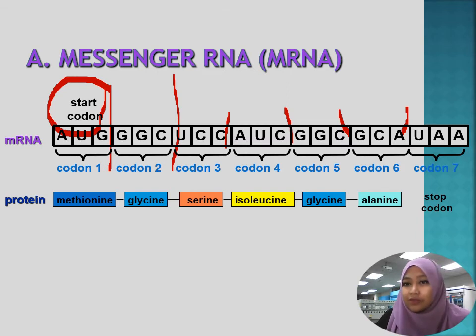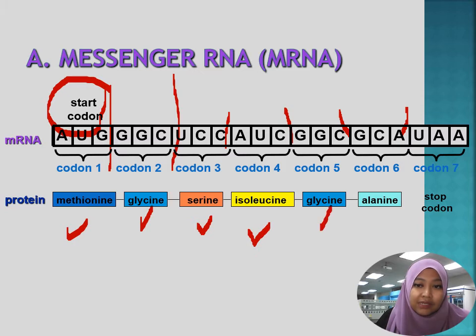If we refer to the table of the genetic code, AUG stands for methionine, which is the start codon. GGC stands for glycine. UCC is serine, AUC is isoleucine, GGC is glycine, and GCA is alanine.